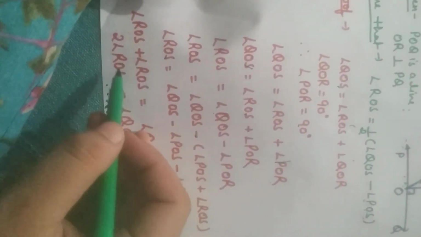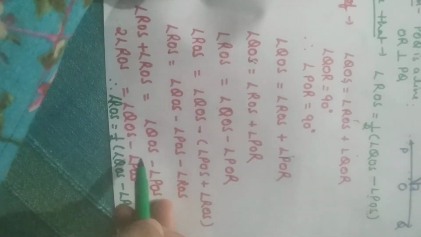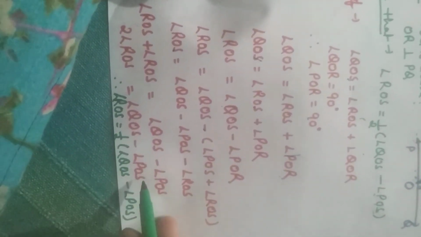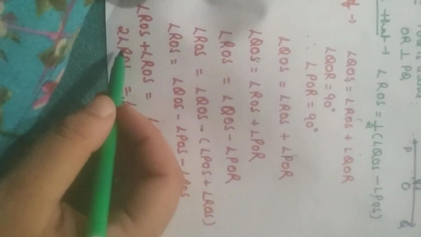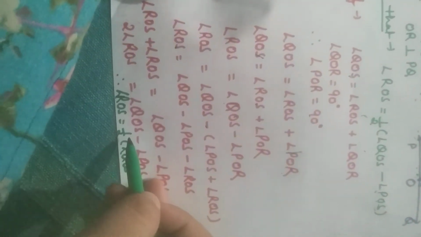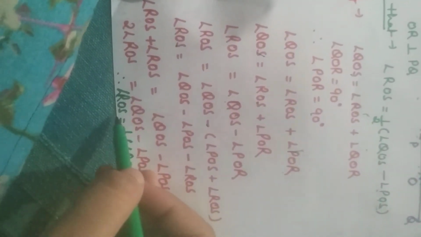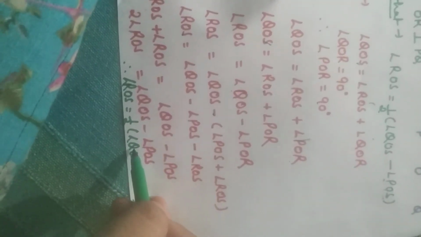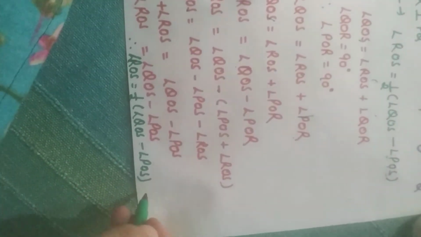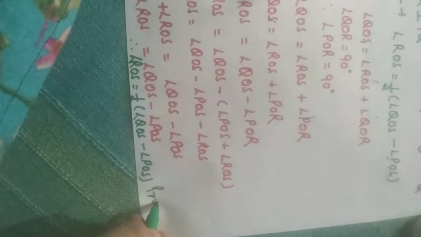ROS plus ROS, twice angle ROS, is equal to angle QOS minus angle POS. Here 2 is a multiplier, when it goes there it will divide. So angle ROS is equal to half of angle QOS minus angle POS. This is what we had to prove. So we will write proved here.